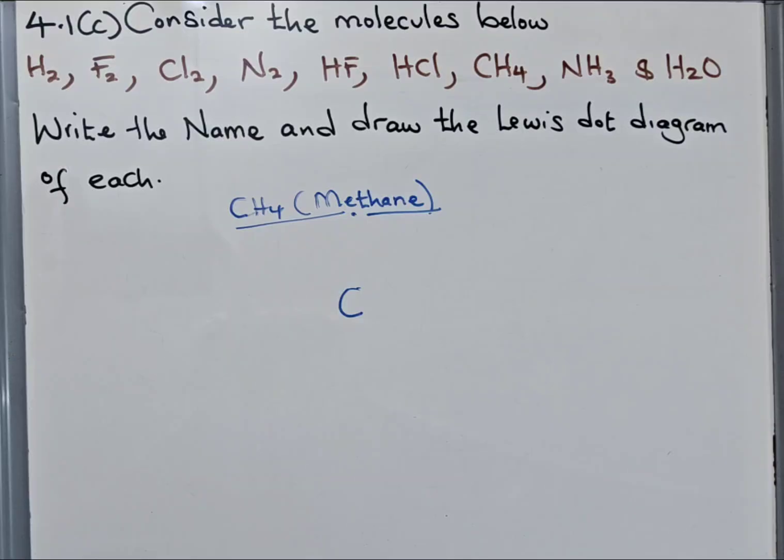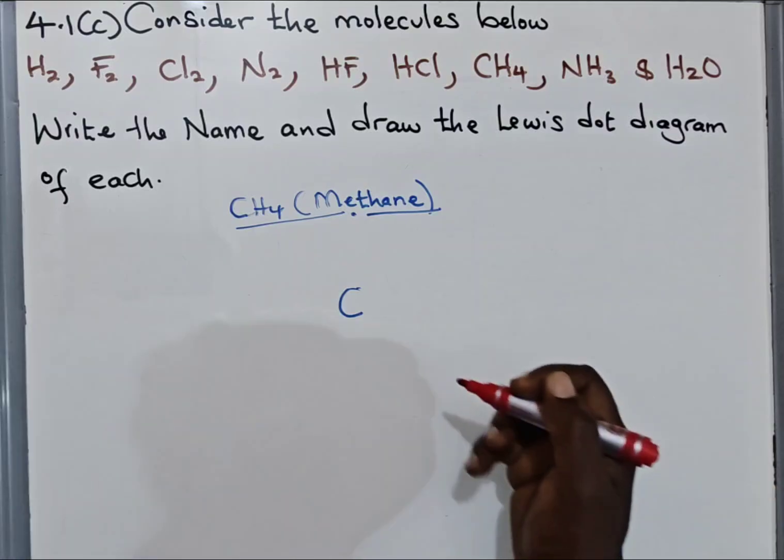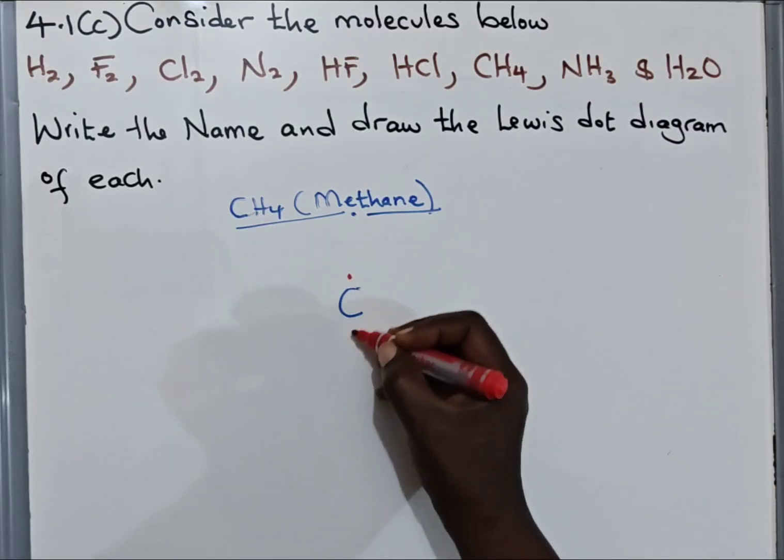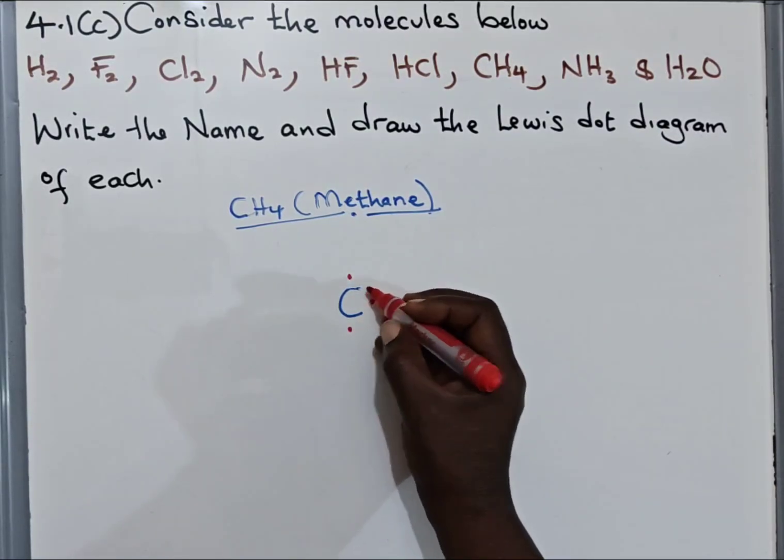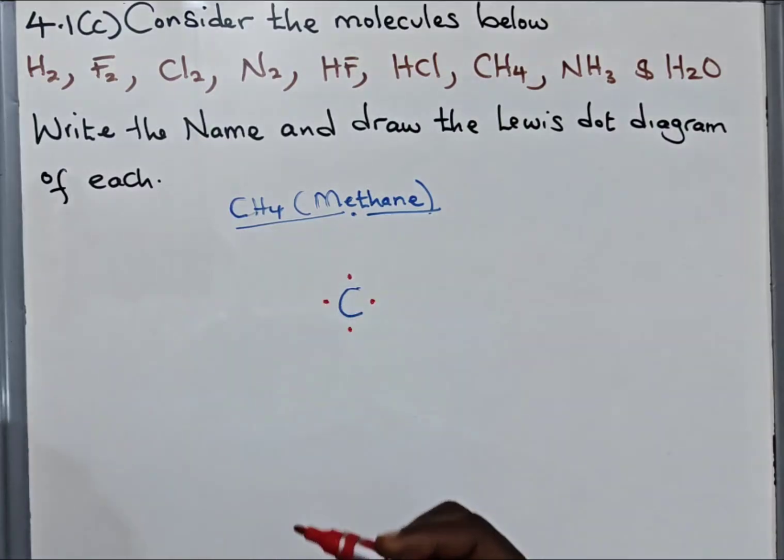It belongs to group 14. And group 14 has how many valence electrons? There are 4 valence electrons. And according to Lewis, the 4 are distributed as 1, 2, 3, 4. Okay.